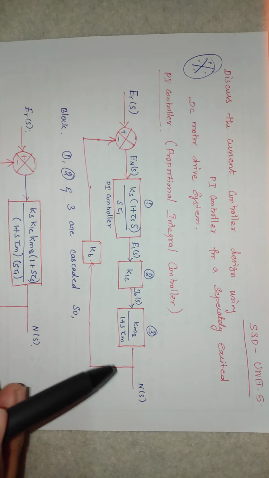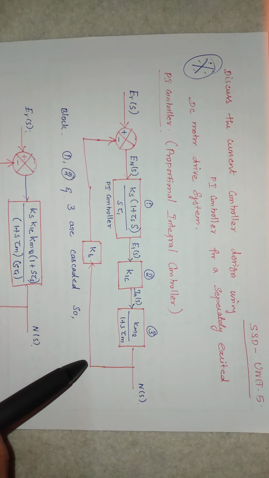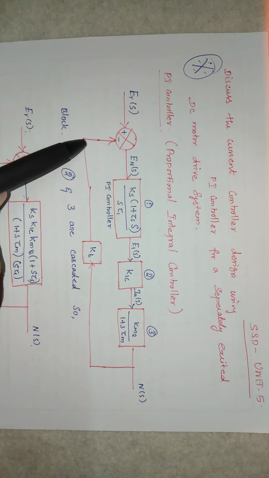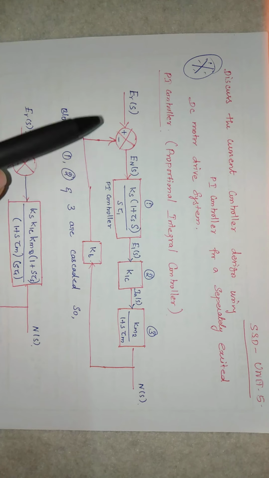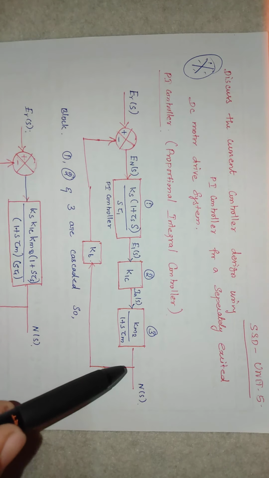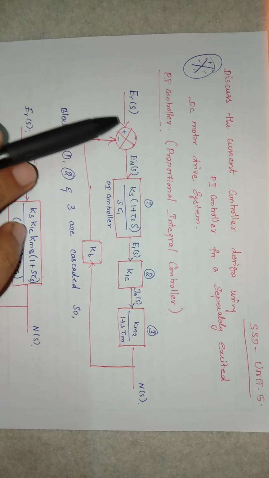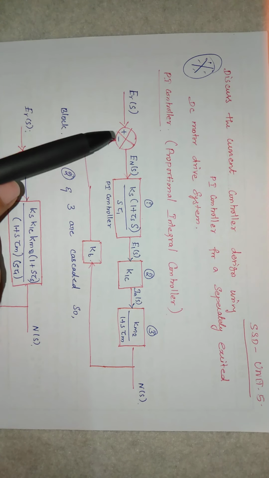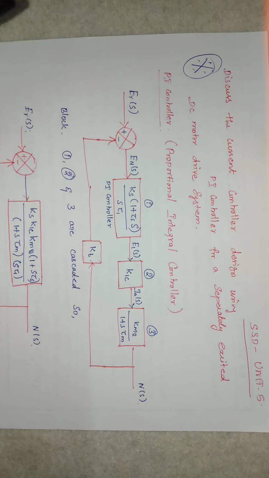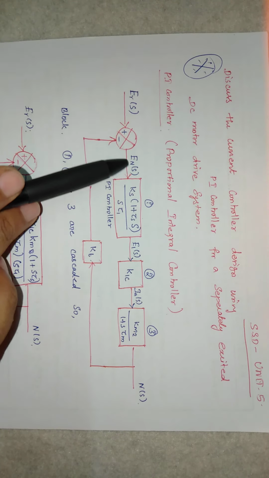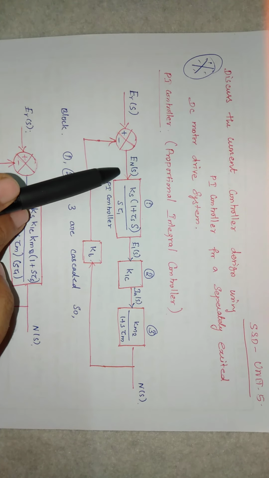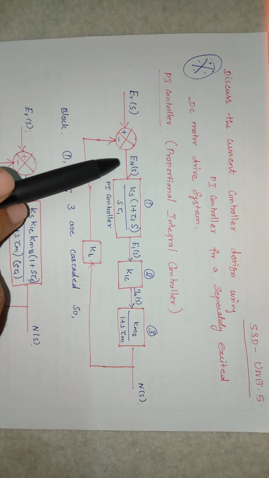Next you can see the feedback. If you are taking speed as feedback, then it should be compared with a reference value. This is the actual value, and it should be compared with the reference value. If there is any difference between these two values, the difference value will come here.